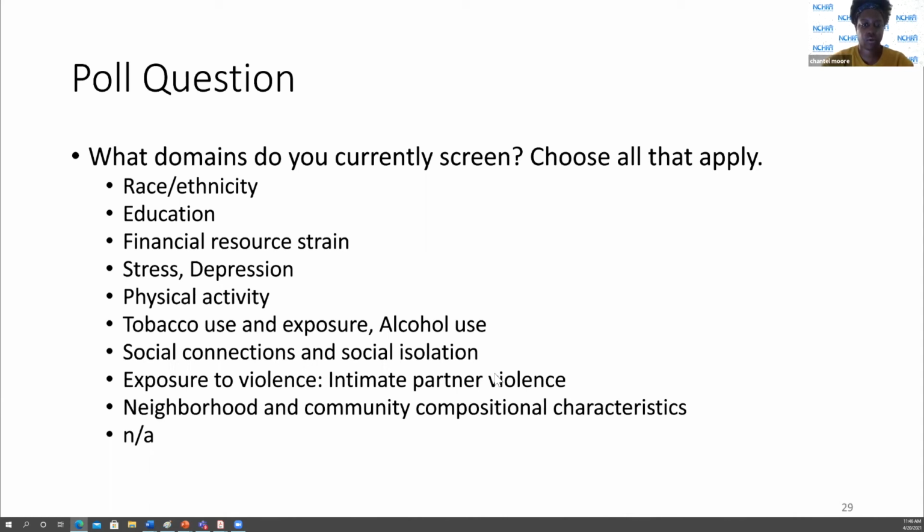We have race and ethnicity, education, financial resource strain, stress, depression, physical activity, tobacco use and exposure, alcohol use, social connections and social isolation, exposure to violence with an emphasis on intimate partner violence, neighborhood and community compositional characteristics, or not available.